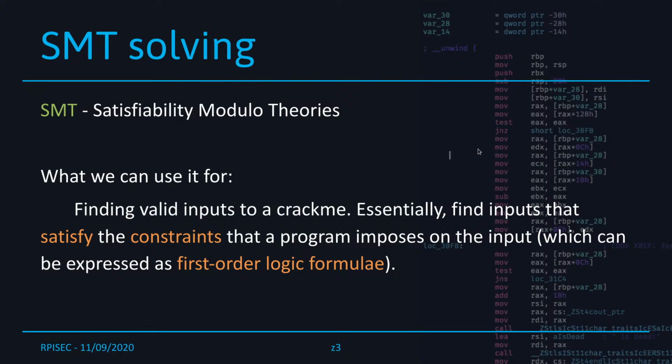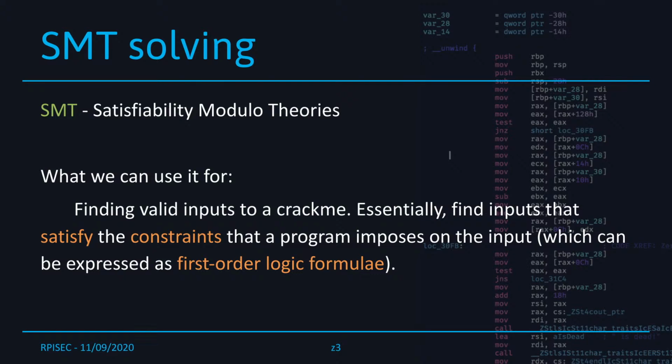As I talked about before, SMT, satisfiability modulo theories, is a really powerful tool that we can use to find valid inputs for a CrackMe, or for a reverse engineering challenge. For example, if you have a challenge that pretends to be a serial key checker, and you need to write a program that will generate a valid serial key, it's really easy to look at what the checker does for every byte in your input and figure out the bitwise arithmetic and the logic it's using to check that.